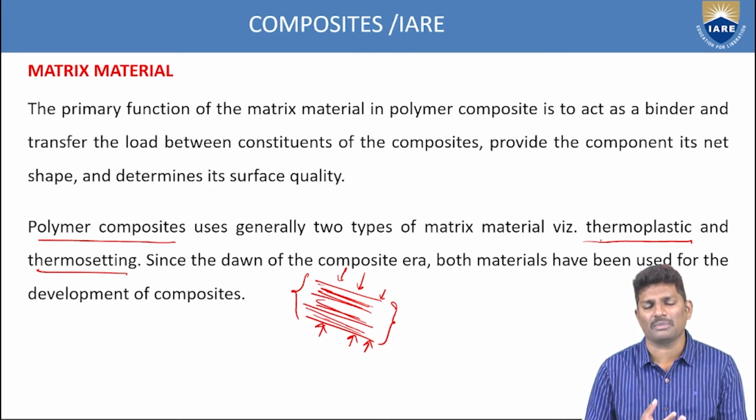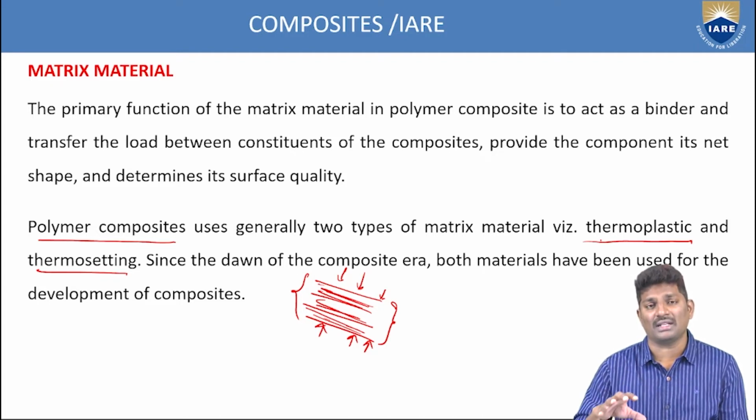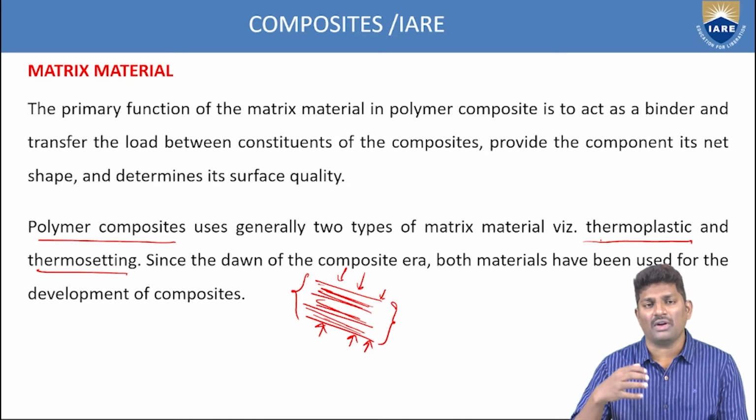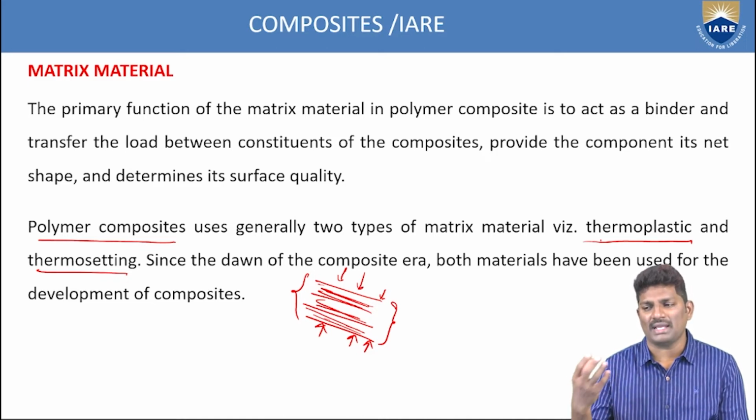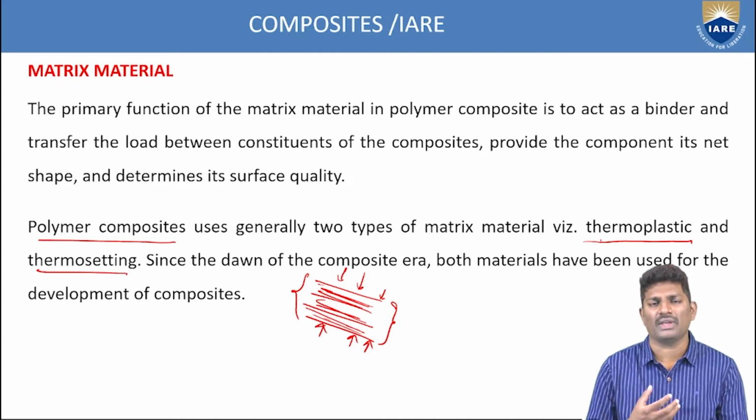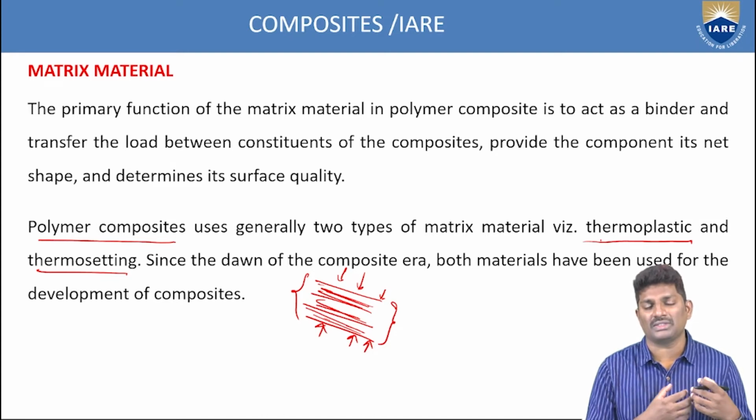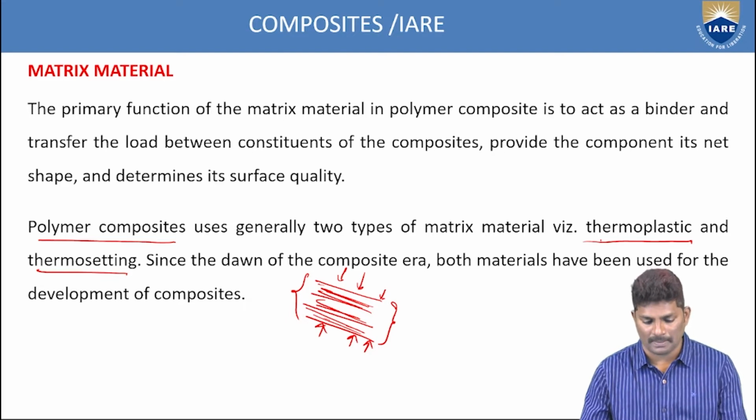We have different types of materials in order to resist heat. During energy generation, a huge amount of heat is generated, so the material has to withstand that high amount of heat. The plastic insulation we are using does not resist it, so we add some other material to the plastics so that it can resist the high amount of heat. Like that, you have to use these composite materials in the applications.